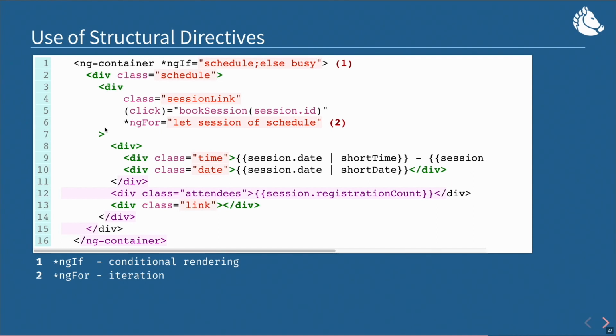You can tell it's a structural directive because it has an asterisk in front of it, some of the magic syntax. And that says, if I have the schedule, render this template, else render a template named busy, and I have another template called busy that has a spinner or something. You also see the template expression binding going on here. And we're actually using pipes here, which we'll get to in a second.